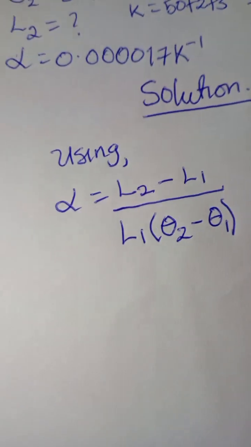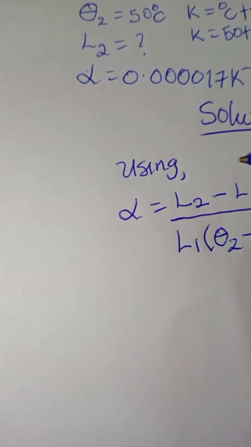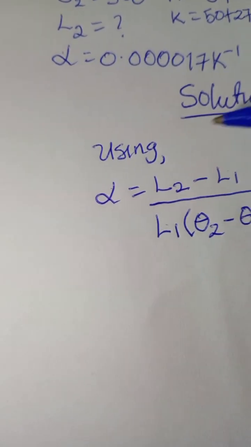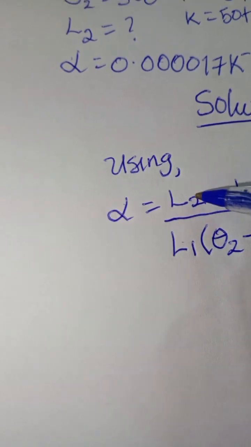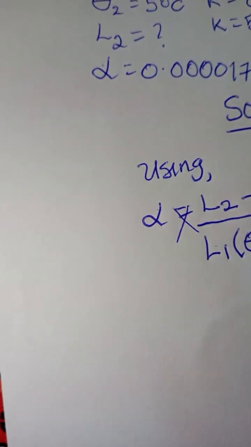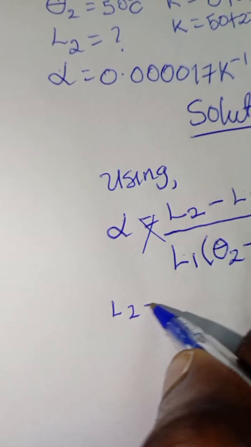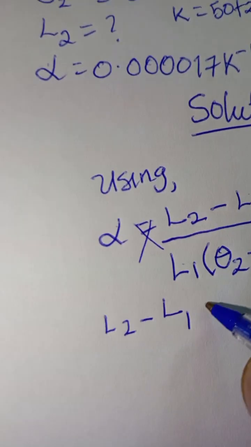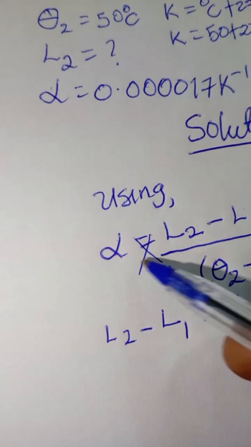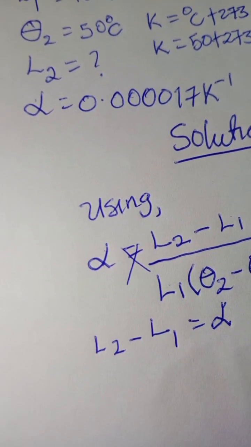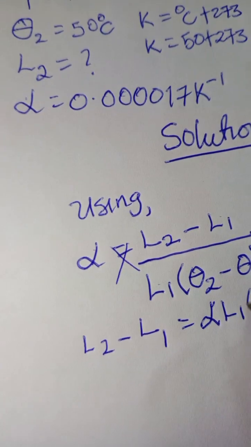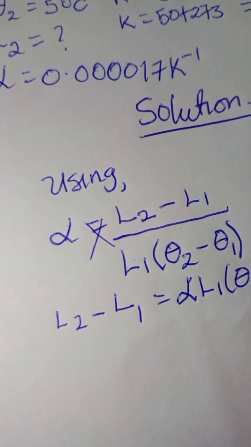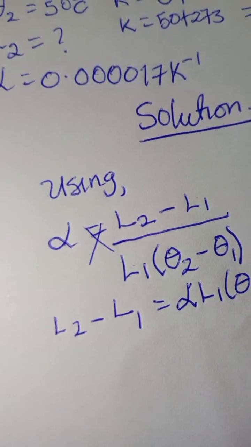If you look at this very well now, these are given, but this L2 is not given. So we are going to make L2 the subject of the formula by cross multiplying. So we are going to have L2 minus L1 is equal to alpha L1 into brackets theta 2 minus theta 1.